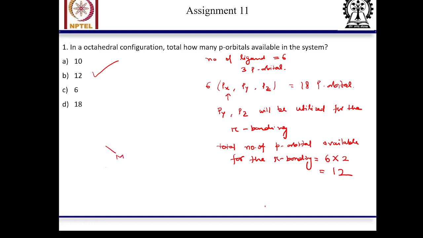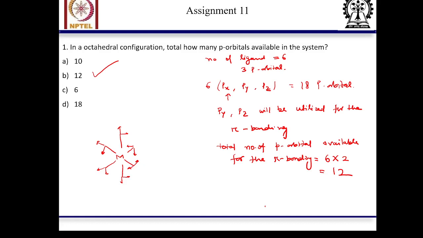We have the metal, and we have two perpendicular p orbitals at every position, like this.